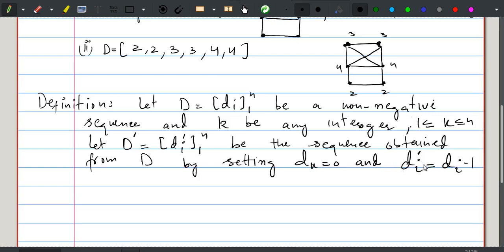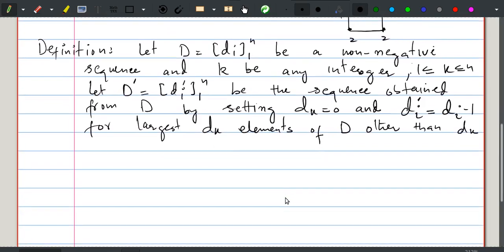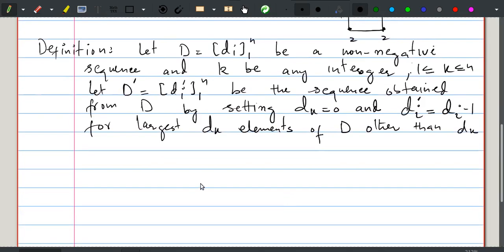This is done for the largest d_k elements of d other than d_k.